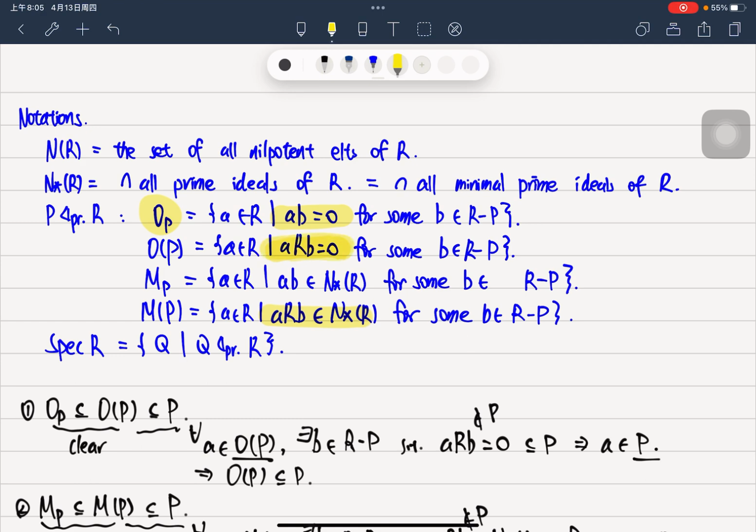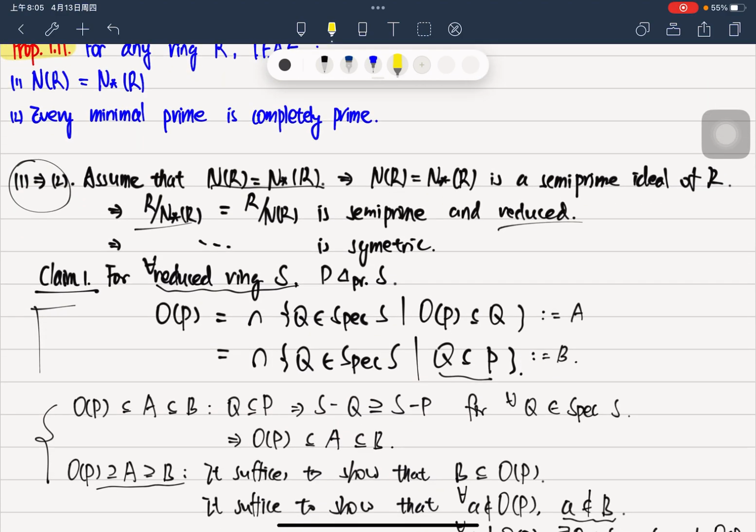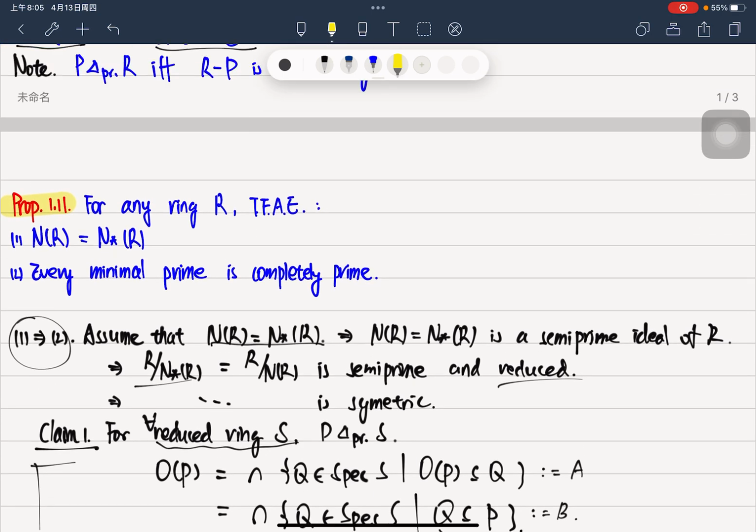OP is that ARB is 0, and MP is ARB is in the prime radical of R. So when we have R over the prime radical, then A bar, R bar, B bar will be 0. So they are the same statement, but with a little change. For OP, we have R is reduced, but for MP, we have to say that they are equal.